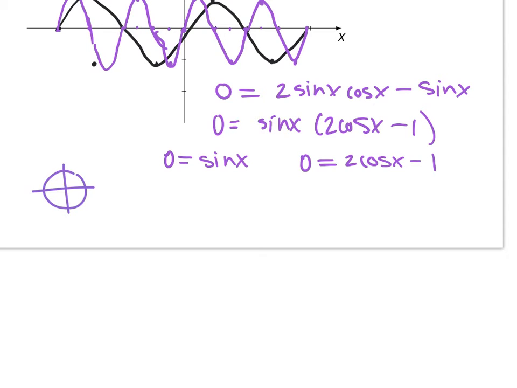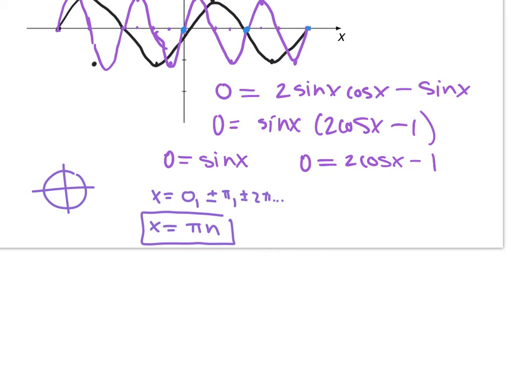So if x is equal to 0, plus or minus pi, plus or minus 2 pi, to put that into WebAssign, you're going to have to say x equals pi n, where n is an arbitrary integer. Those are all the places where sine is 0, and you can see in the picture that the graphs cross at 0, pi, 2 pi, right?